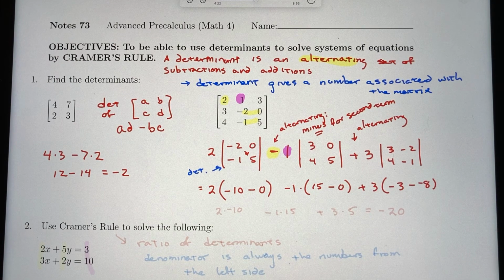Okay, be careful with that. -3 plus 8 is 5. Grand total for this is -20. If you check on your calculator, the determinant button is in the matrix menu. You do determinant of that matrix.